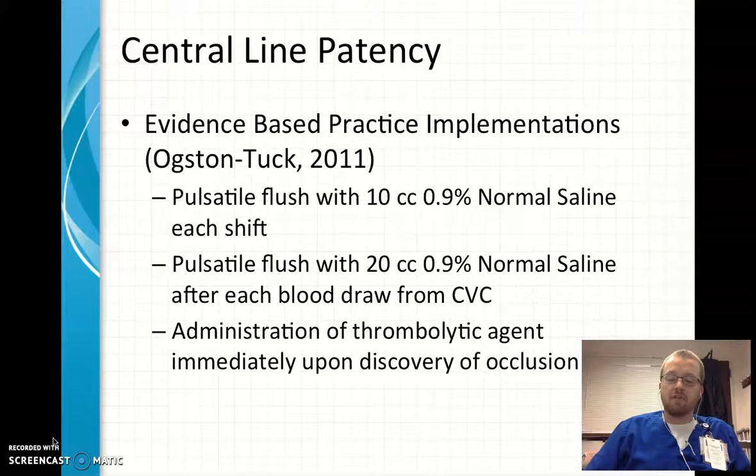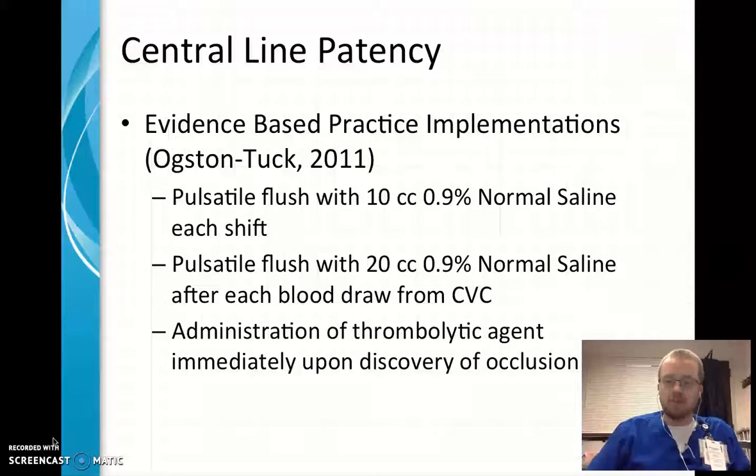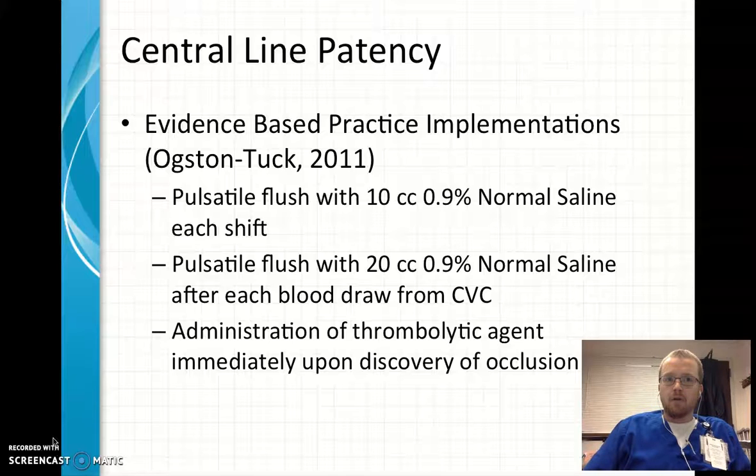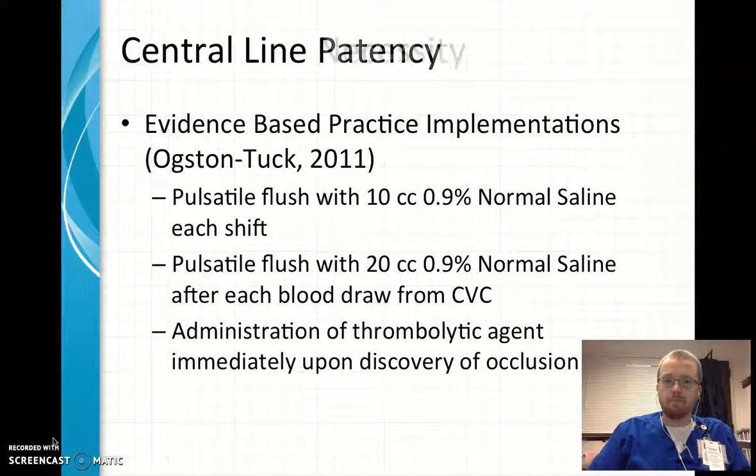One of the things with the occlusion is that the microbes can live on what's called a fibrin sheath or a biofilm, where even with antibiotic treatment, it's really hard to get in and kill those microbes because they form like a matrix that prevents the antibiotic from penetrating and killing them.